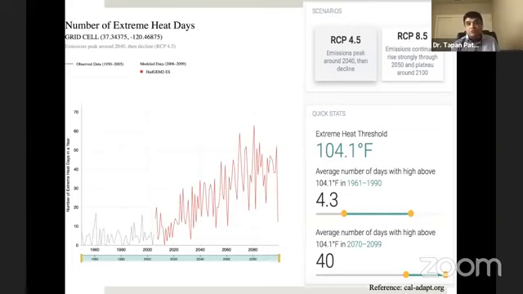That's a significant change from current conditions, and there are a lot of negative consequences of extreme heat events and how they impact agriculture.